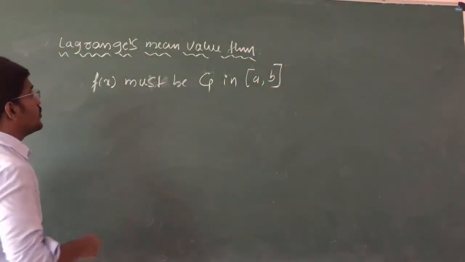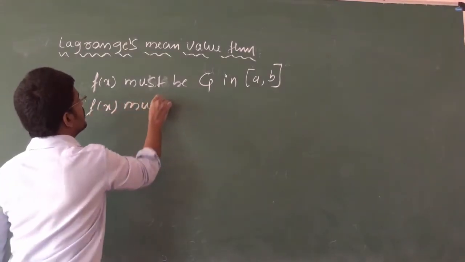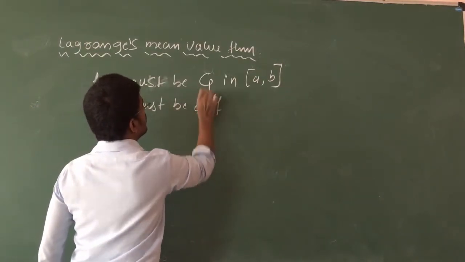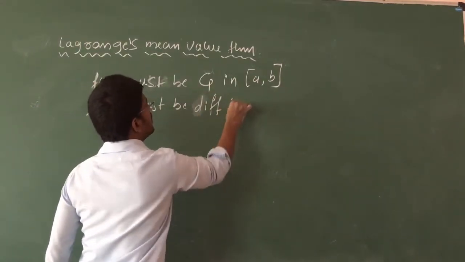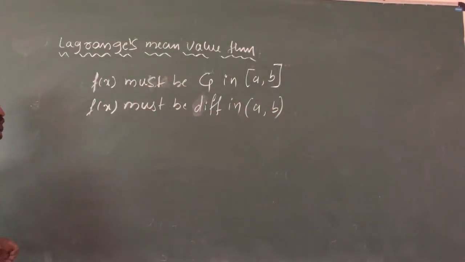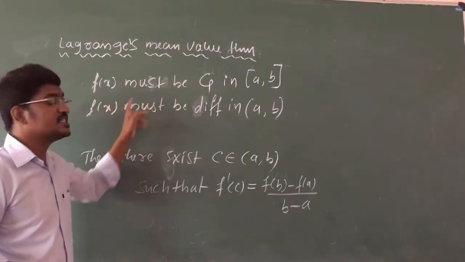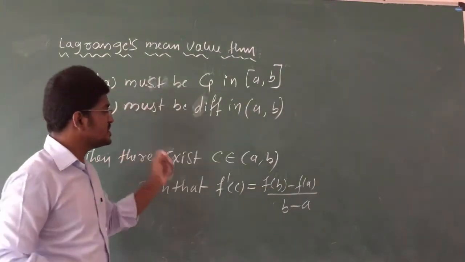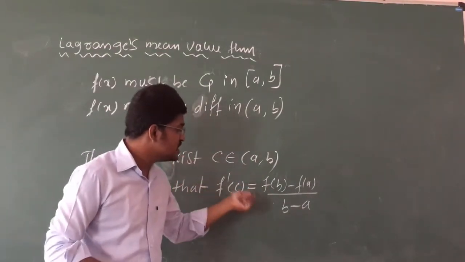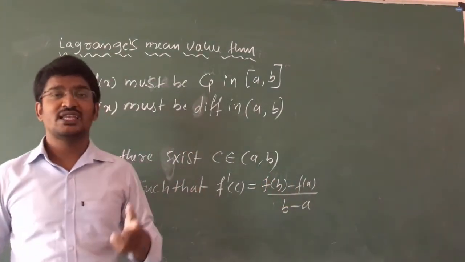First condition same as Rolle's theorem. f of x must be differentiable in the open interval (a, b). The second is also the same. If these 2 conditions are satisfied, then there exists C belongs to the open interval (a, b) such that f dash of C is equal to f of b minus f of a divided by b minus a.